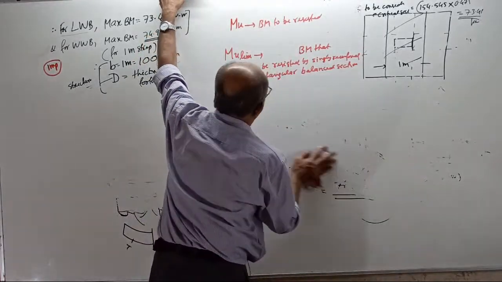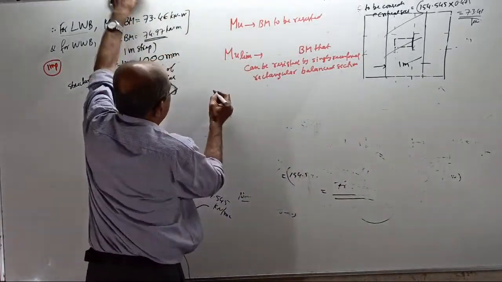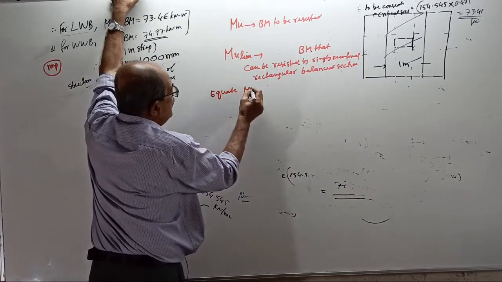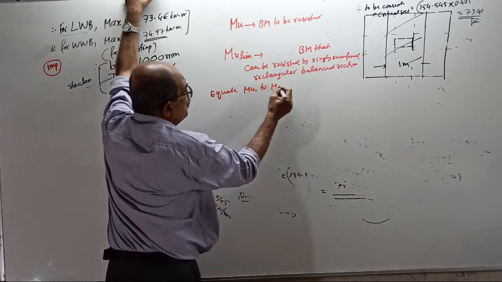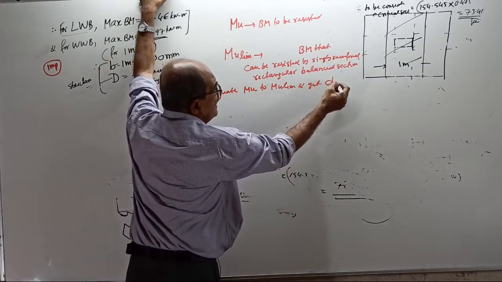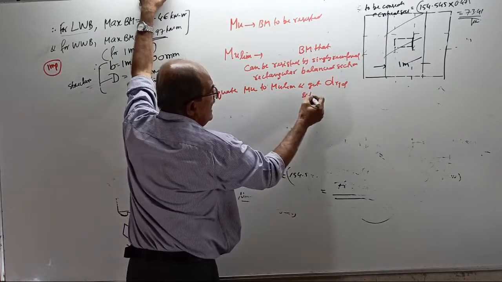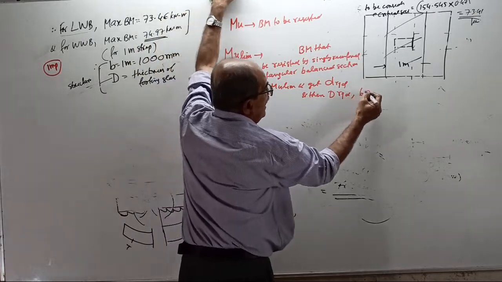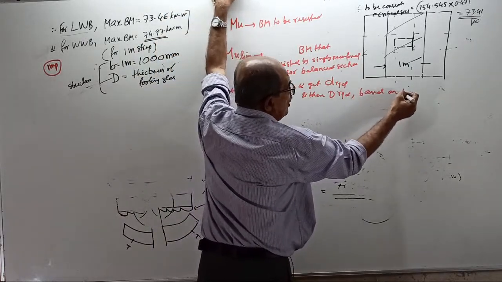A little harsh statement only. So what you do is equate Mu to Mu limit and get small d required, and then capital D required based on bending moment.